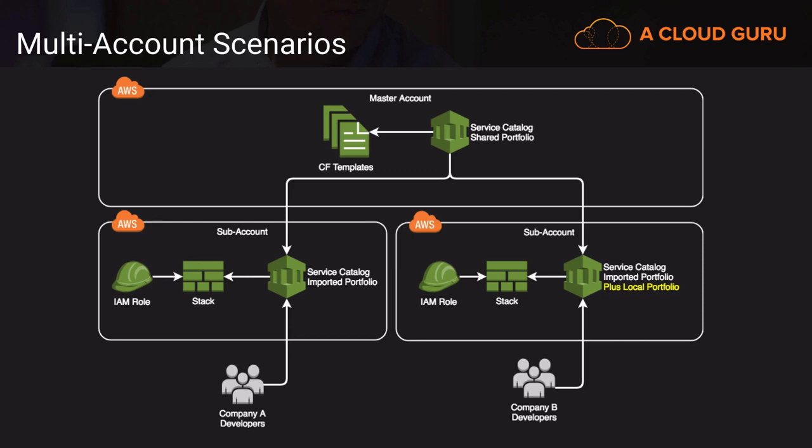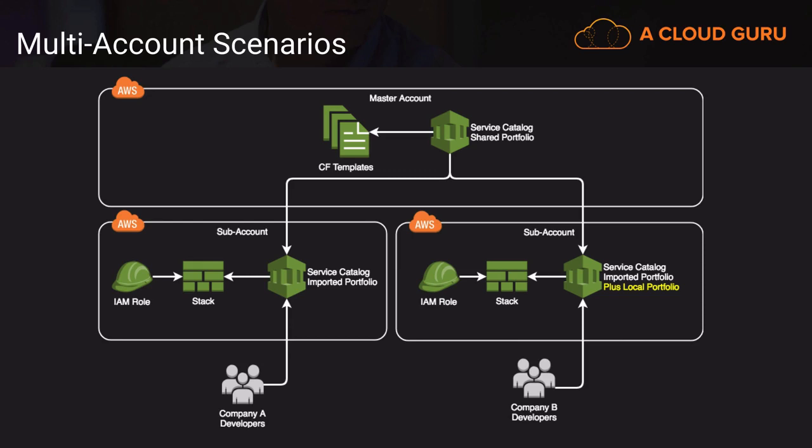Now, one thing that is not inherited is the IAM users, groups, and roles. The recipient administrator must add users, groups, and roles to the portfolio so that those users in that account can access it. There's one important thing to note here: by default, if we just share a catalog and import it into the other account, the launch role, which is the IAM role that launches the service on behalf of the user requesting it, is inherited from the shared portfolio.